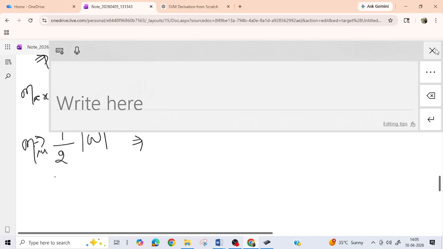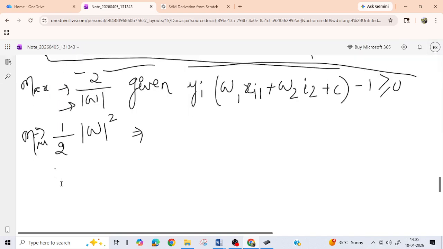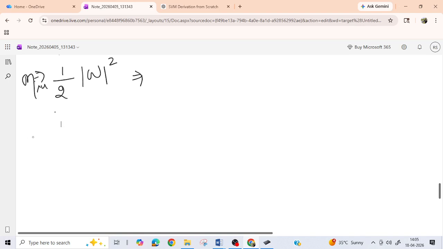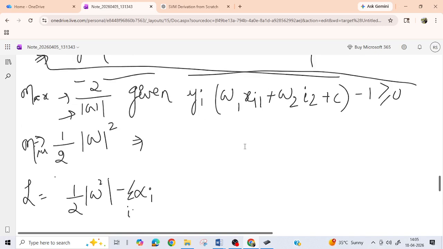So the corresponding Lagrangian to that is, so we write minimize the Lagrangian, we would write it as half of w square minus alpha i, we put it into summation, i equal to whatever the number of points is, and this is the equation, right? So we just write it as it is.